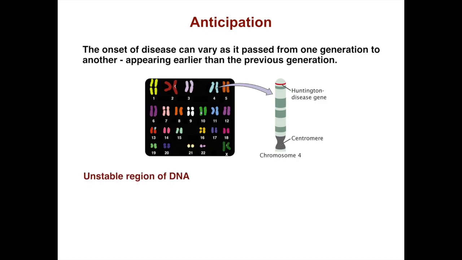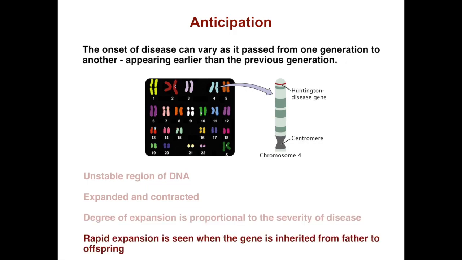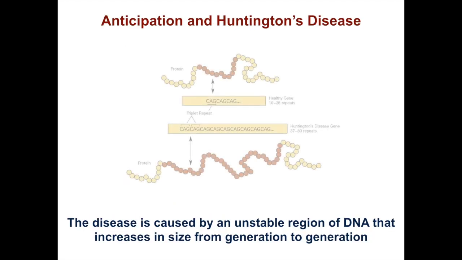This gene contains an unstable region of DNA, and this unstable region can expand and contract. The degree of expansion is proportional to the severity of the disease. Rapid expansion is seen when the gene is inherited from father to offspring.